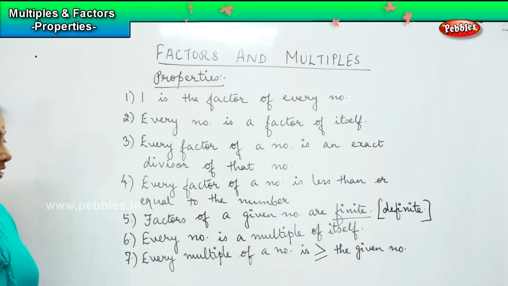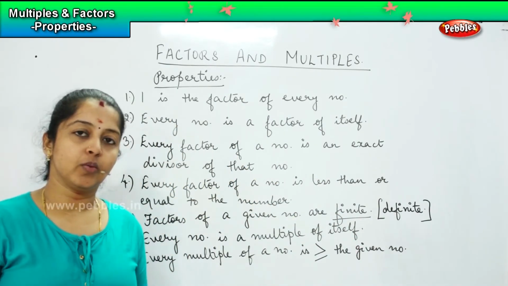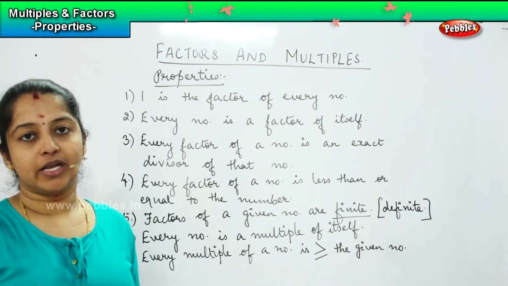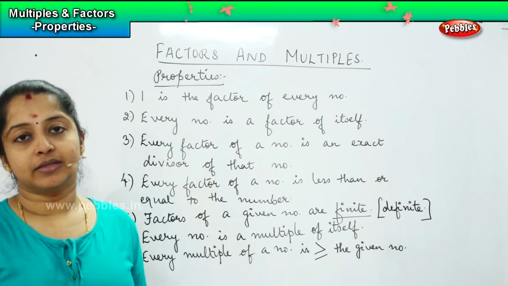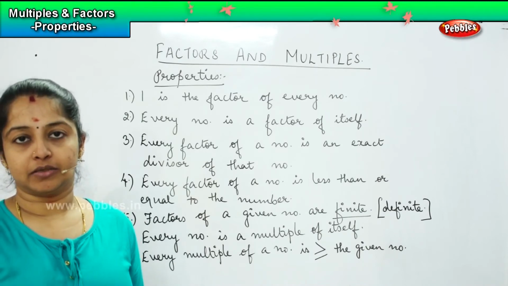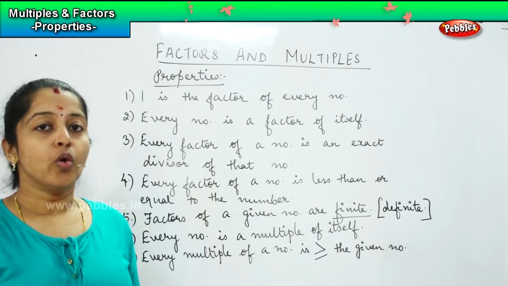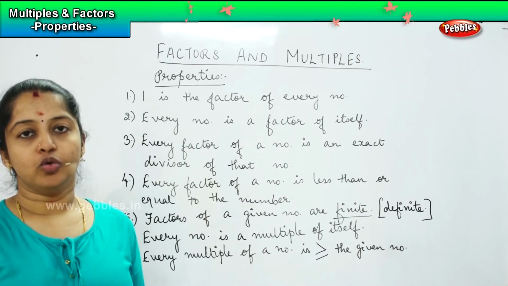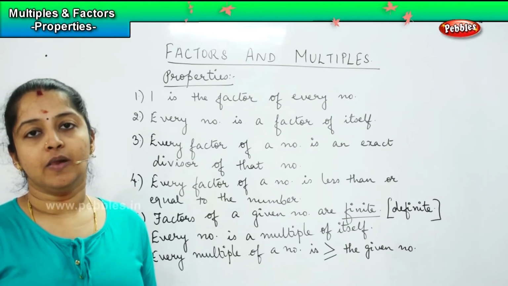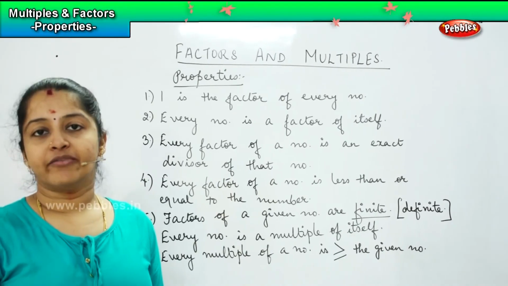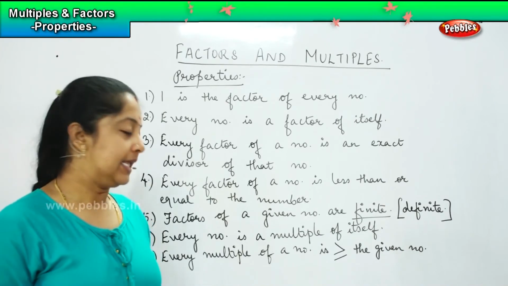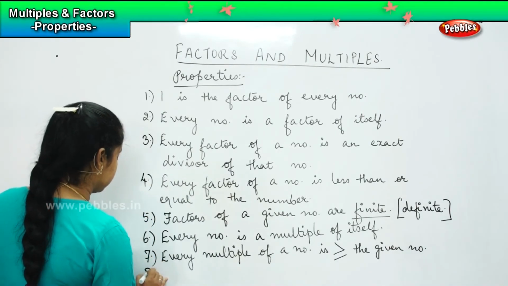The multiple of a number is greater than or equal to the given number, which means that, as I said, a factor is a smaller value, and a multiple is the product obtained by multiplying the given factors, right? So the multiple value is always greater than the factor value, or it will be equal to the factor value. It will never be less than the factor value. Clear?